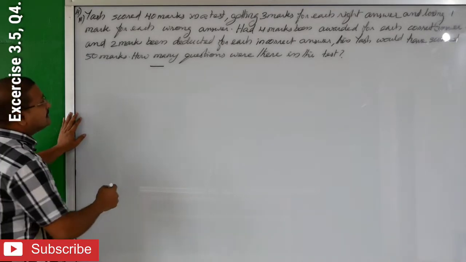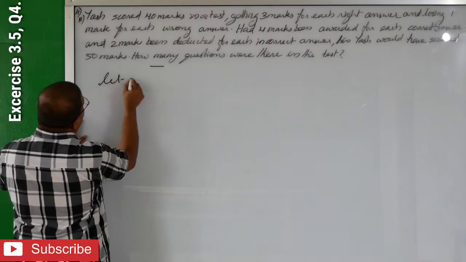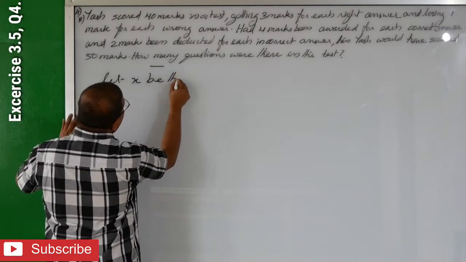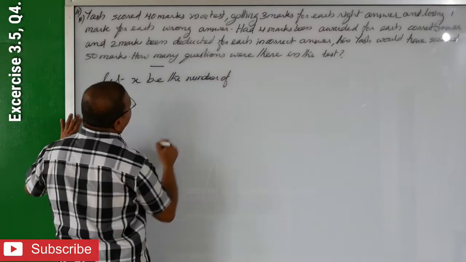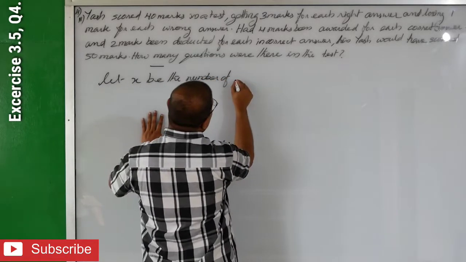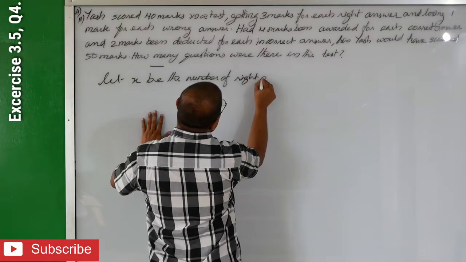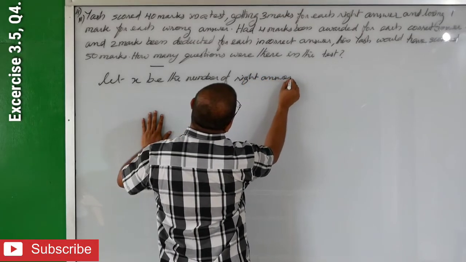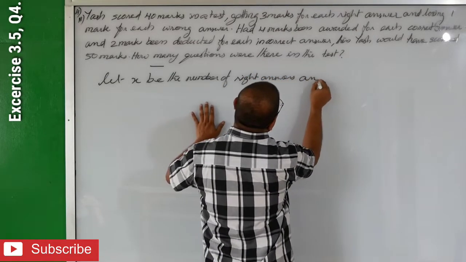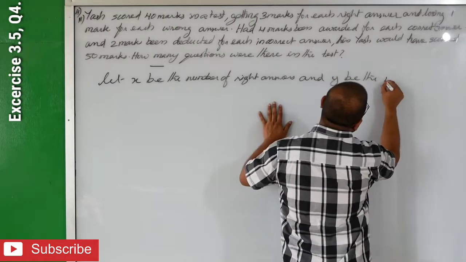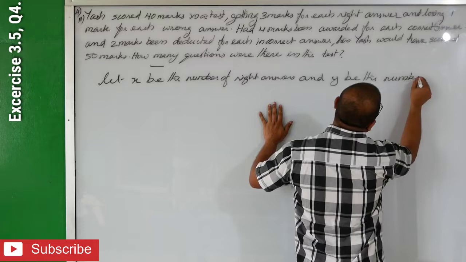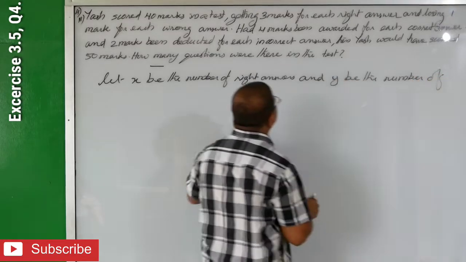So we'll write first, let x be the number of correct answer or right answer and y be the number of wrong answer.